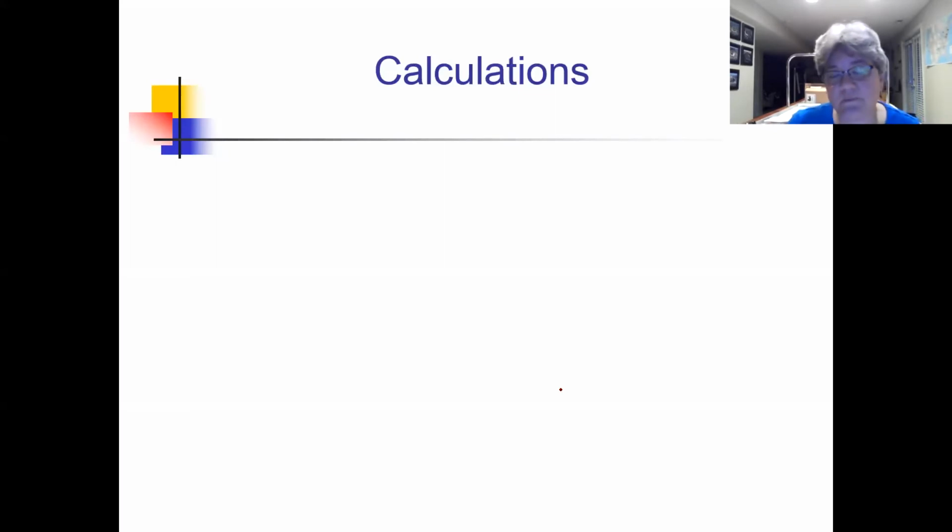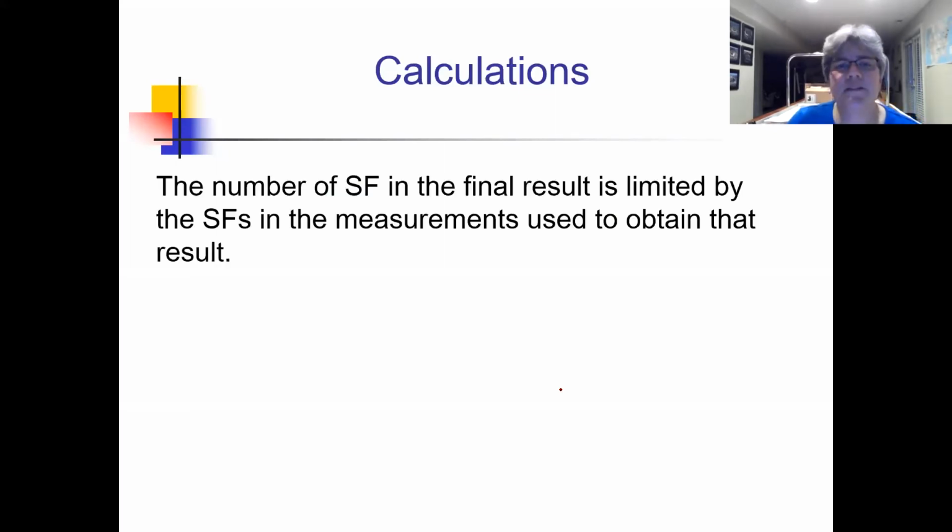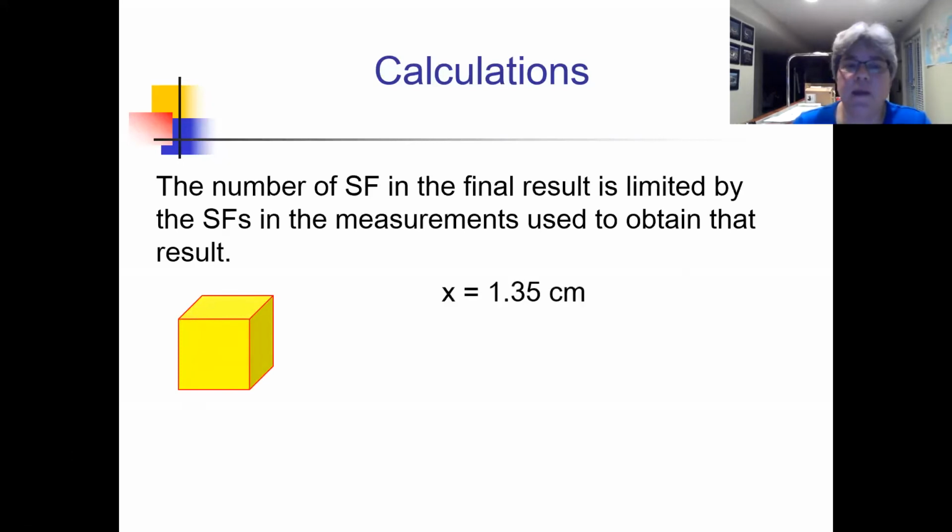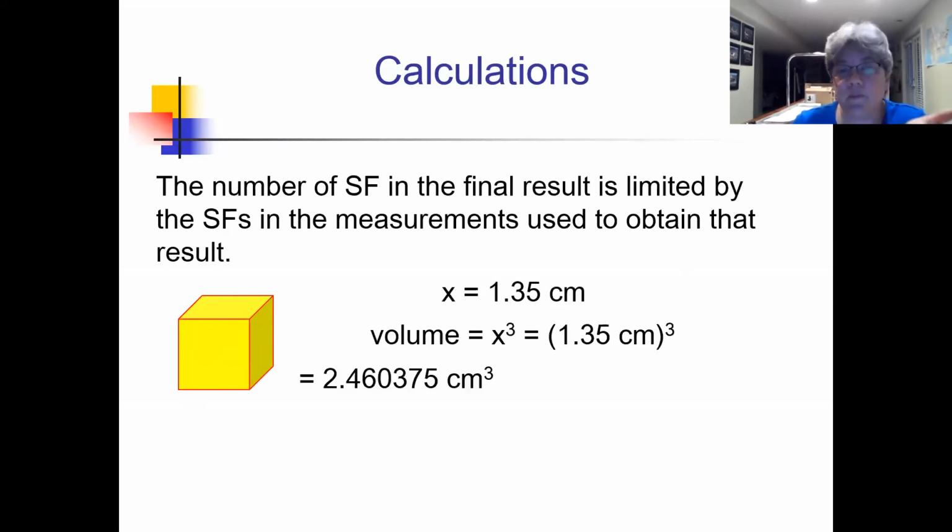attention to this. All right, so let's say that I measure something and then I do calculations. So the significant figures in that calculated number is always dependent on the measured numbers. Okay, for example, I have a cube and I measure the side, it's 1.35 centimeter, and I want to calculate volume, which is the side cubed.